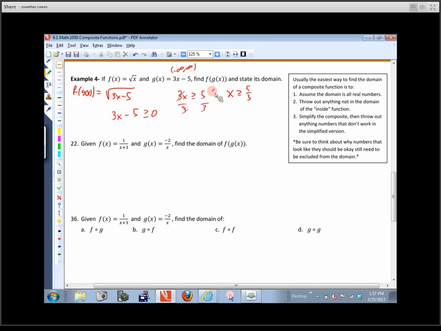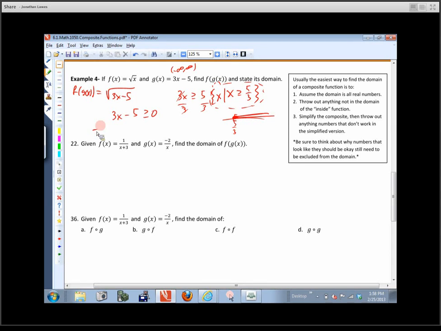If I wanted to write that in set builder notation, you remember that from Math 1010? You could write it that way. I'd much prefer you write this in interval notation, so please write it in interval notation. This means all of the x's that are bigger than or equal to 5/3. So 5/3 is here, and we'd go this way.